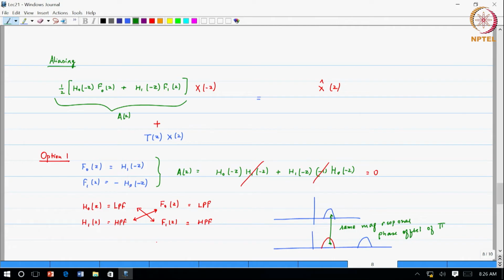Again, very key insight. So, that is what was achieved in this process. You ensured that the transfer functions were the same and they had a phase shift of pi, and the key point is that using this option we can cancel aliasing. So, aliasing is now something that we have already handled.